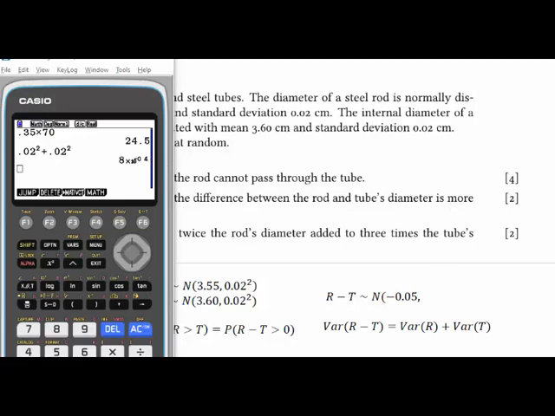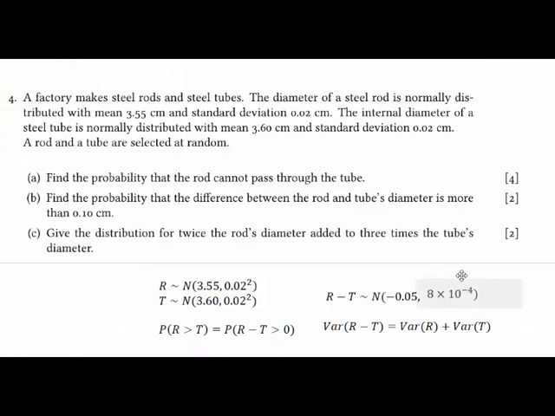And so that is easy, and I can put that in there. So once I know the distribution of a variable, it's easy to answer a question about it. With this distribution, what is the probability that this variable here is bigger than 0? Well, that's just an NCD question.